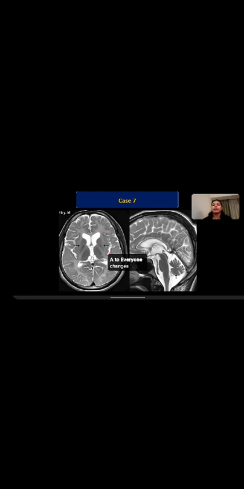So there is hypomyelination, but there is very predominant basal ganglia and cerebellar atrophy. From the name, can you guess the diagnosis? There is hypomyelination with atrophy of basal ganglia and cerebellum. It is actually HABC. The name itself is hypomyelination with atrophy of basal ganglia and cerebellum.